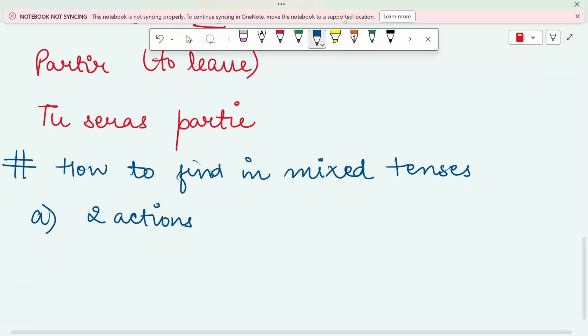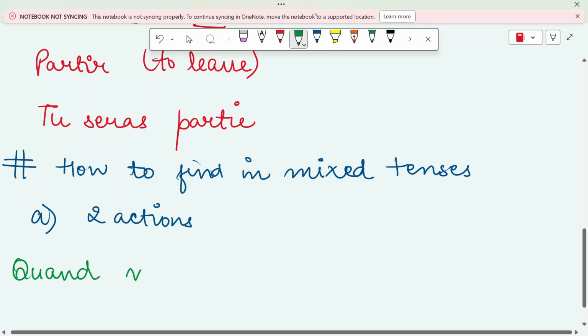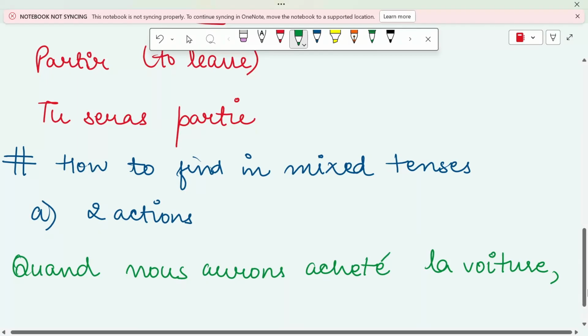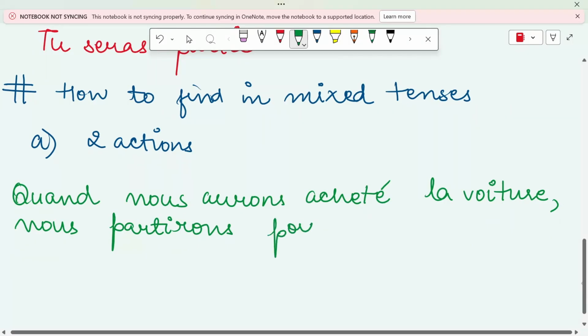Let me give an example for this. Quand nous aurons acheté la voiture, when we will have bought the car, nous partirons pour les vacances, we will leave for the vacation.